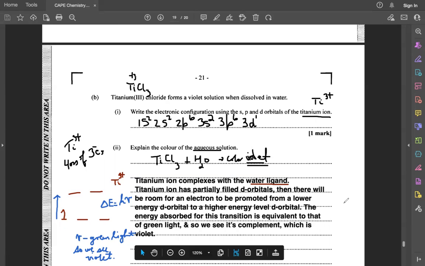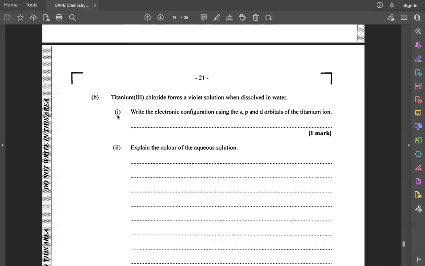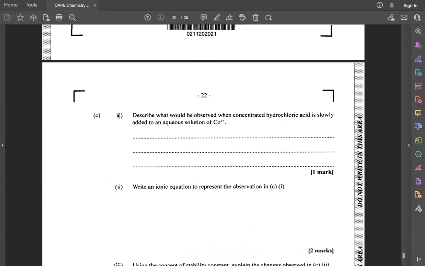Okay, so let's clear this and move down to this part C, where they're asking us, describe what would be observed when concentrated HCl is slowly added to an aqueous solution of cobalt 2+, right? So we have an aqueous solution of cobalt 2+, and we're going to gradually add some concentrated HCl to it, right? So what would be observed, they're asking us, so what would we visually see, right?